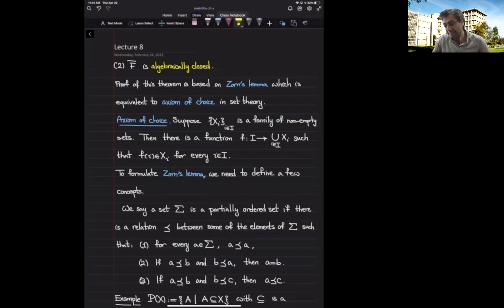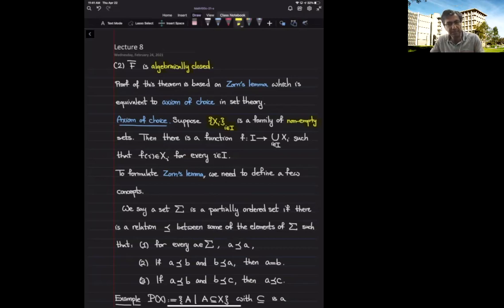The axiom of choice says that if I give you a family of non-empty sets, let's call them X sub i, and capital I is just an index set. It's a non-empty set, and small i is varying inside this index set. And X sub i is a family of non-empty sets. Now, what the axiom of choice says is that you can always choose elements from non-empty sets, even if there are infinitely many of them.